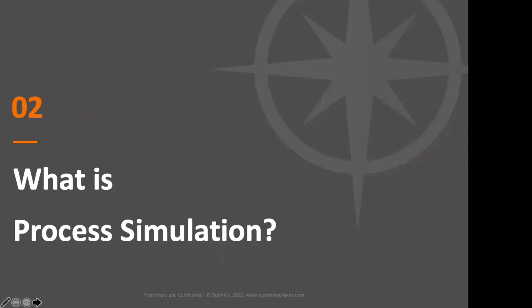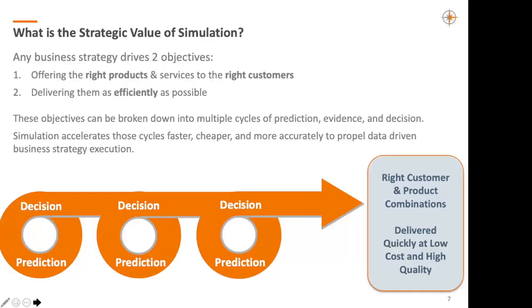So let's talk about what it is first, before we dive into the particulars. In fact, since this is a strategic value of process simulation webinar, let's talk about strategy first. So to back up, any business strategy drives basically two objectives. The first is you've got to figure out how to get the right products to the right customers.